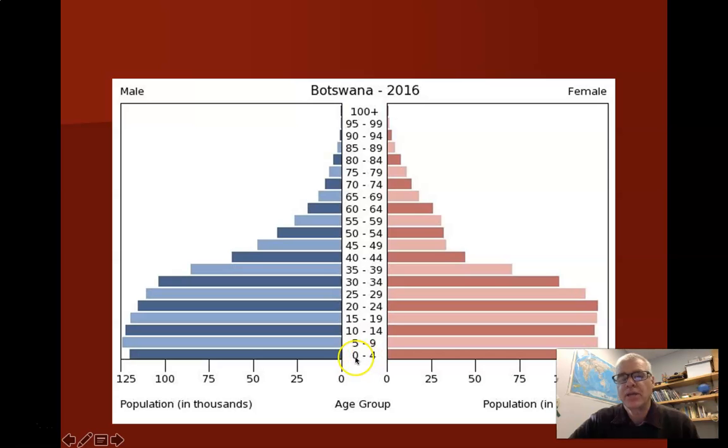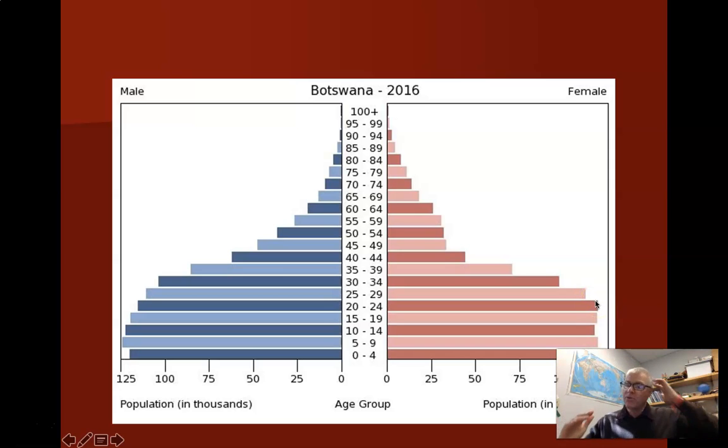So all the people between the ages of 0 and 4, and we've got men on one side and women on the other, or males and females. This means that there's about 120,000 men between the ages of 0 and 4. You have about 125,000 men between the ages of 5 and 9, etc. And then over here, say between ages of 20 and 24, looks like you've got about 123,000 women.